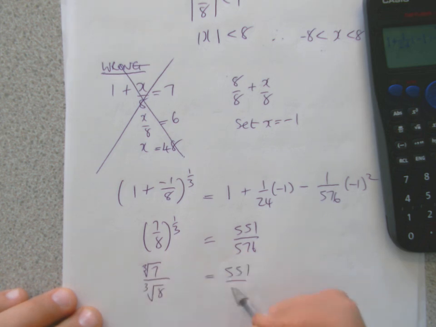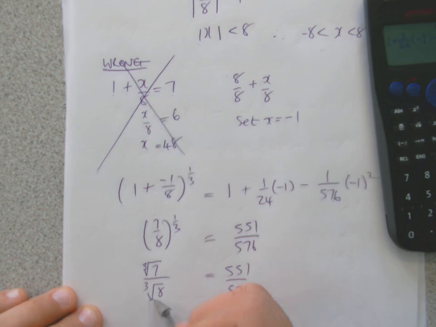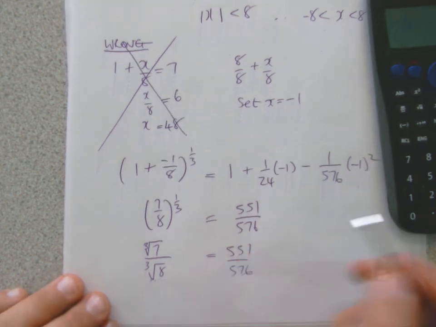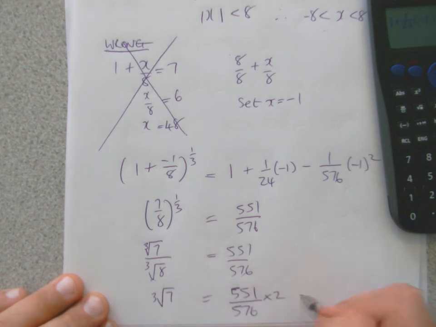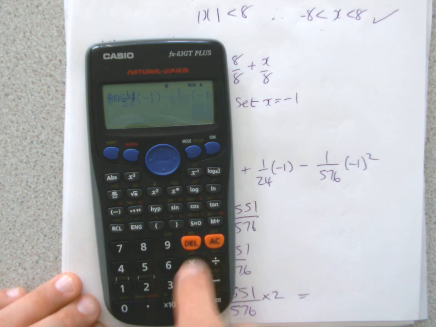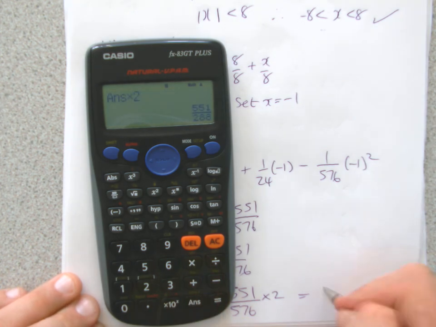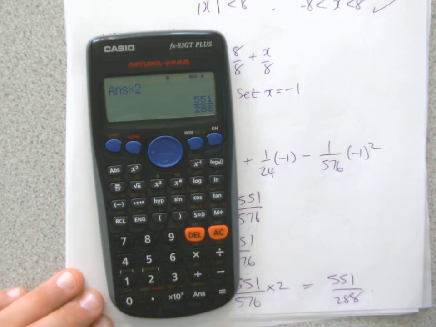Good thing is, cube root of 8 is a nice number, isn't it? Cube root of 8 is 2. The calculator will tell you that. So cube root of 7 is 551 over 576, because that's going to be 2, take it over and multiply. And you get your answer. So if I times the answer there by 2, I get my answer as 551 over 288. Job done.